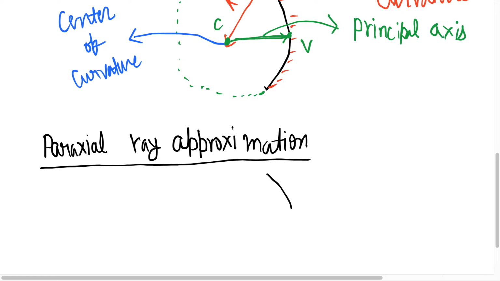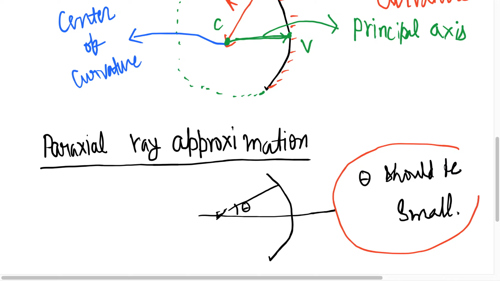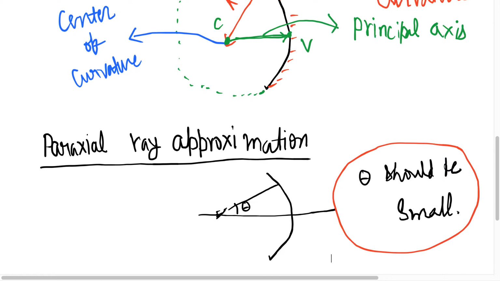So suppose this is your mirror and this is your principal axis, and I put an object here. I will talk about only those rays which make a small angle theta with the principal axis. So theta should be small. If we work with a small theta, then the approximation that we use is called paraxial ray approximation. So basically we assume that the theta in our calculations will be very small.